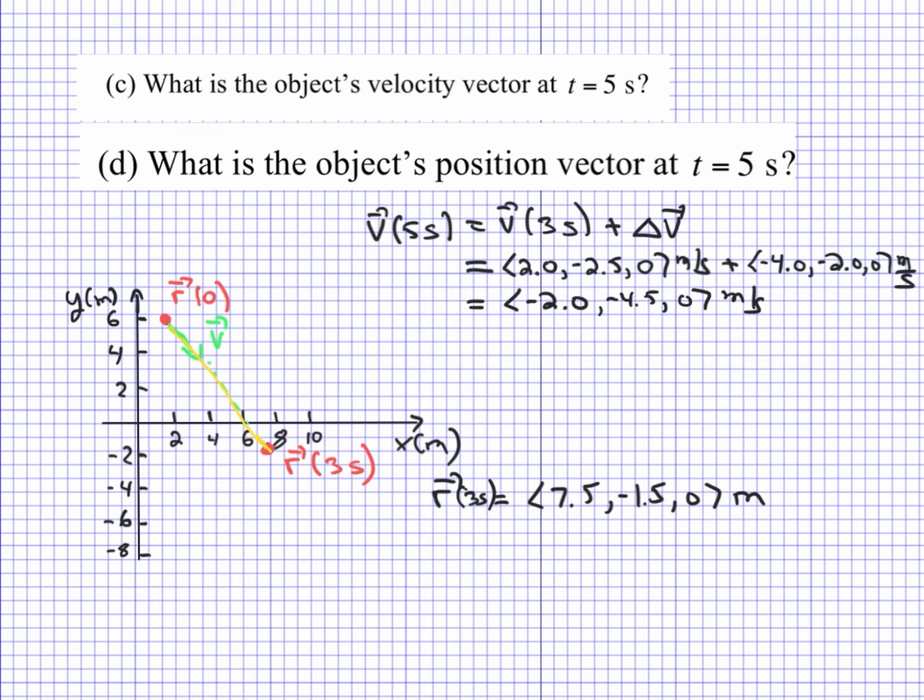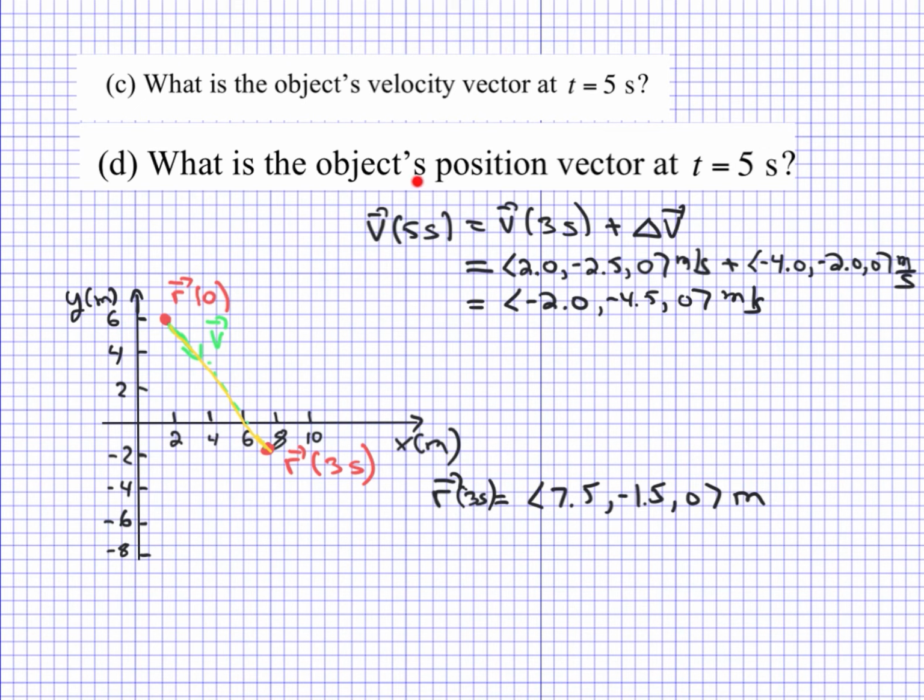So at the end of 5 seconds, due to the acceleration that the object experienced, the velocity is no longer pointing down and to the right. It's got a negative x and y component. So the velocity at 5 seconds is pointing somewhere down here, like that.